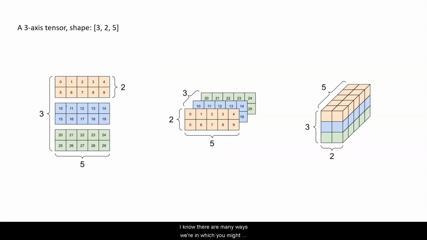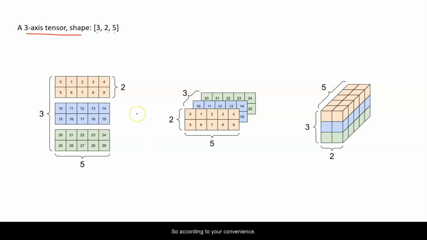Now there are many ways in which you might want to visualize a tensor with more than 2 axes. So this is an example of a 3-axis tensor, or 3-axis tensor means it is a 3D tensor, or it is a 3-dimensional array which has a shape 3, 2, 5.